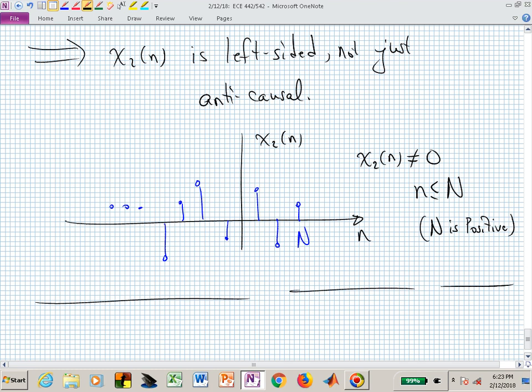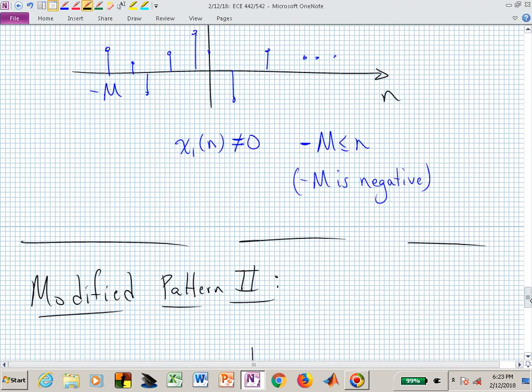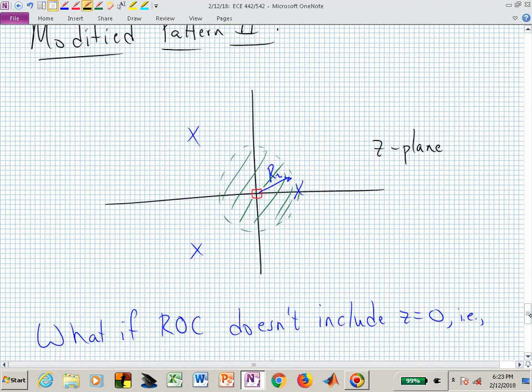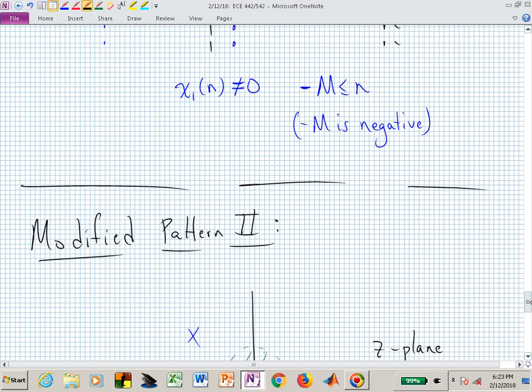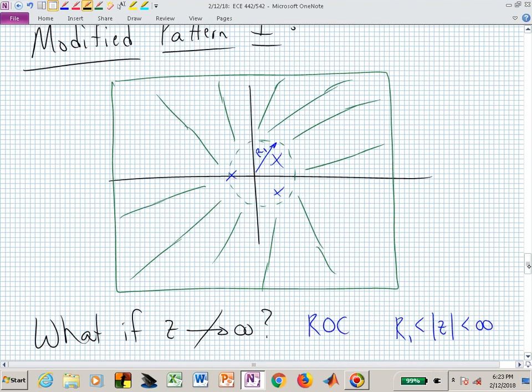Question? Yeah, so for the modified pattern, are we cutting out everything inside or outside of a given ring of a finite radius, or are we cutting out only 0 and only actual infinite value? So we are only cutting out the origin in pattern 2, z equals 0, that's removed, and in modified pattern 1, we're only quitting the opportunity to zip off to infinity.